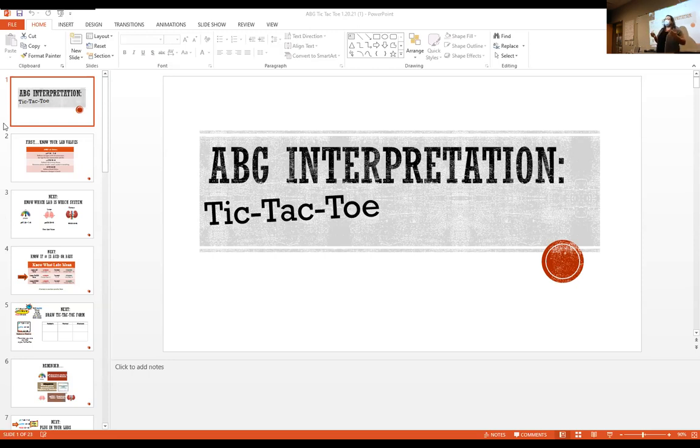I believe Ms. Bailey went over some of this in fundamentals, but we're going to build on that. We're going to get into a little bit deeper understanding of what it means, what's going on in the body. First, we're going to take a step back and just talk about ABGs and how to interpret them. And then we'll jump into the other PowerPoint and talk about what this ABG means is going on in the body, okay?